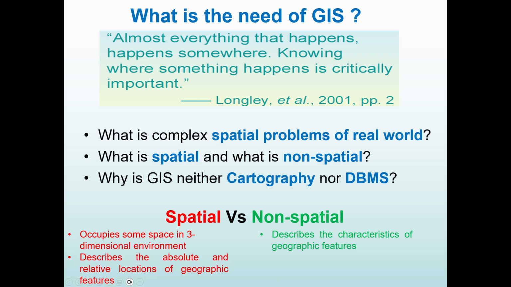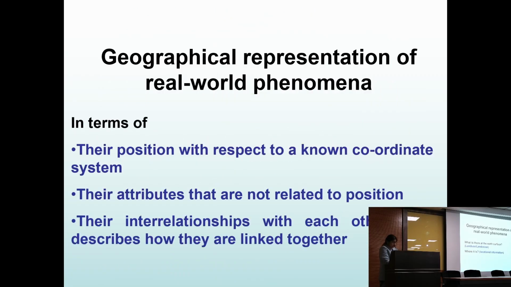So basically why do we use GIS? It is of much concern where something is happening; that is our concern to solve any problem. First of all, locational information is very much required. Now GIS is there, but it is not a conventional subject like mathematics, physics, chemistry.